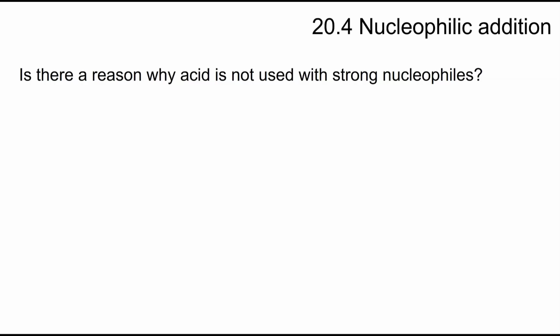But is there a reason why the acid is not used with strong nucleophiles? So this would get protonated. So not only could the acid protonate the carbonyl, the acid could also protonate the nucleophile.